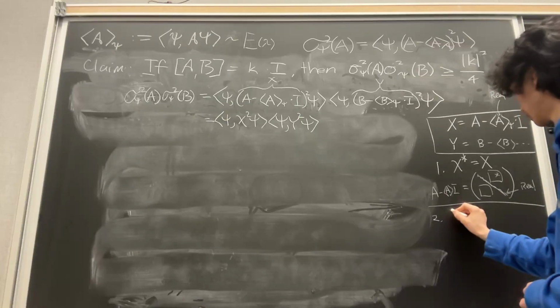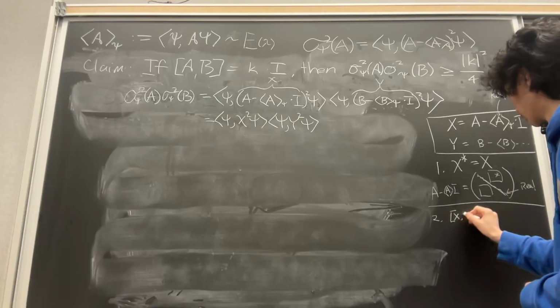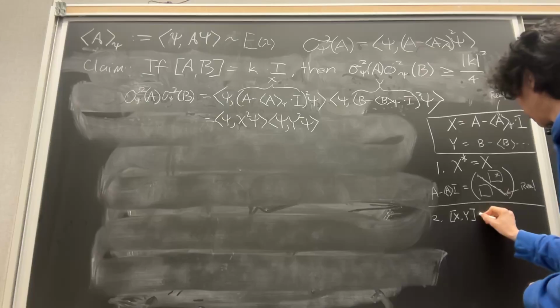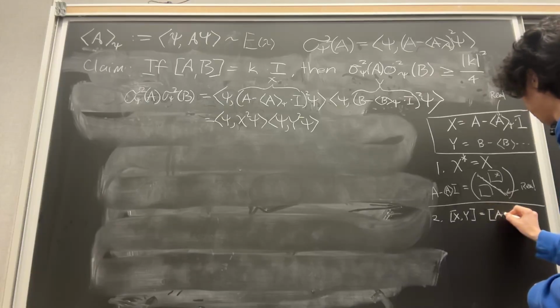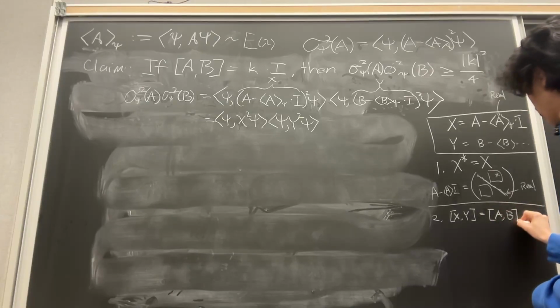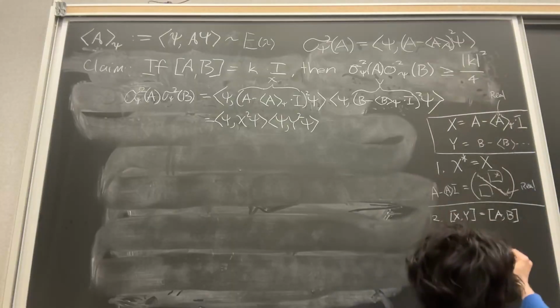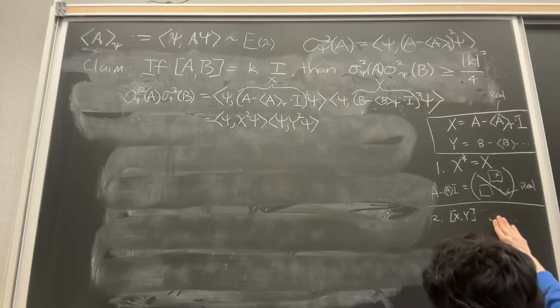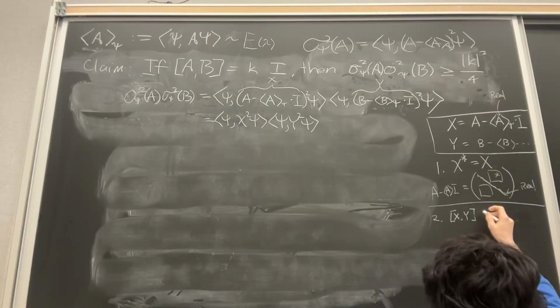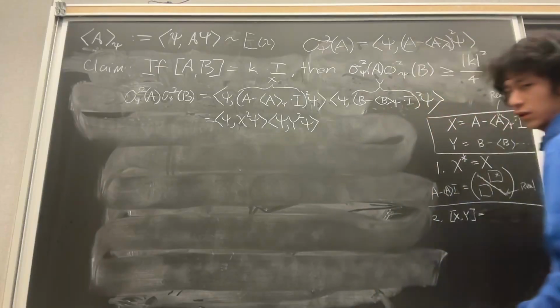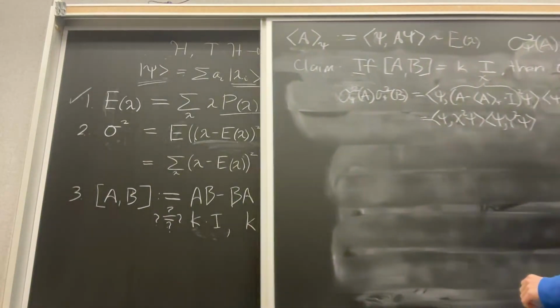The second claim is the commutators are actually equal. To see this, it's probably just easier to expand everything. So, do I have the space? I'll actually just pull the old board out.